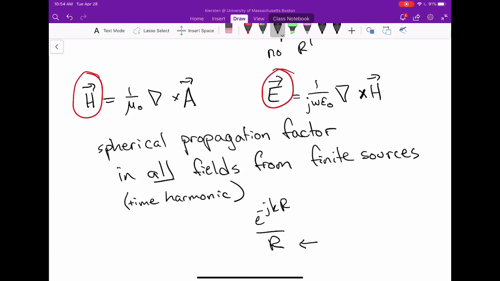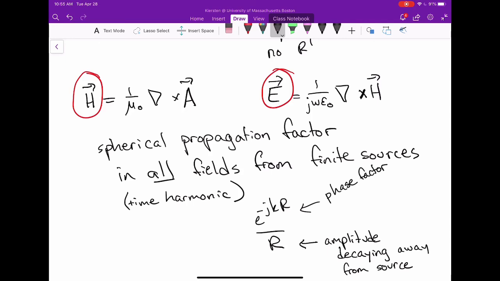This 1 over r term is going to describe the amplitudes decaying as you move away from the source. And this e to the minus jkr looks like the phase propagation factor from a plane wave, except this one doesn't have planar phase fronts.